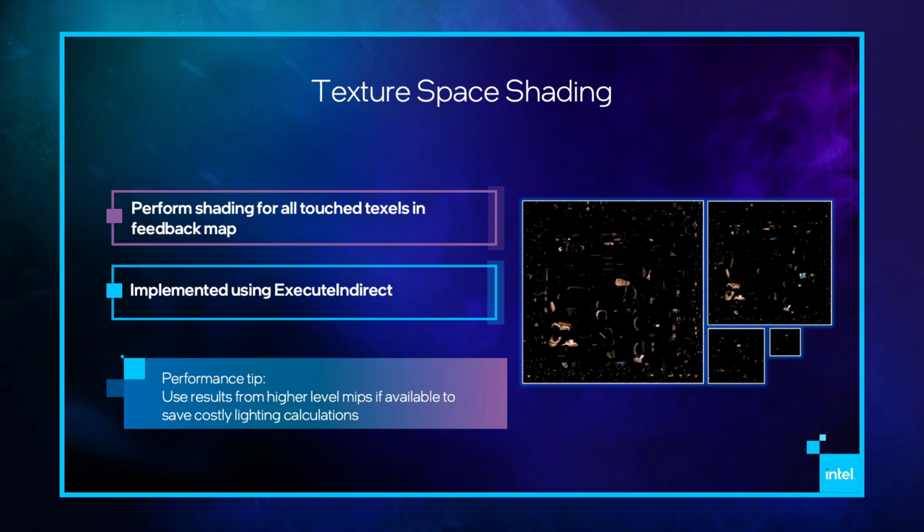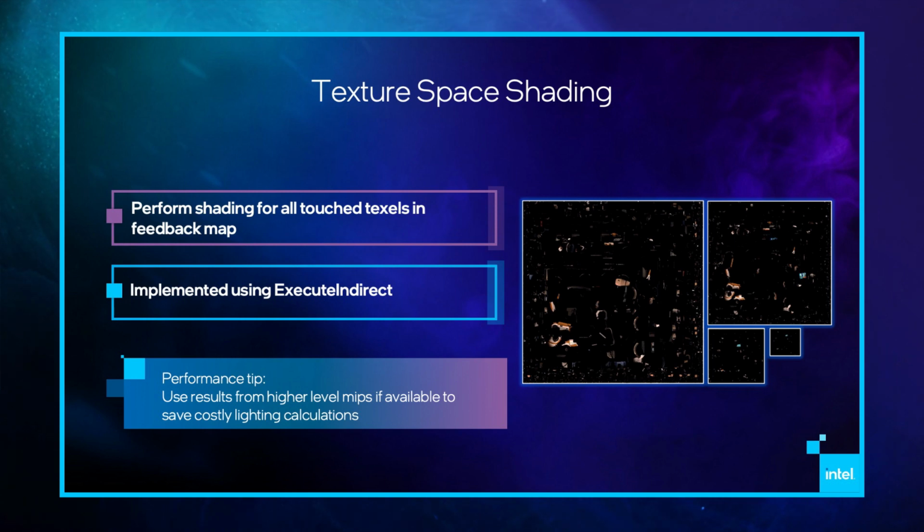One performance tip that I thought was very clever in the application is that when shading a MIP in the MIP chain that was MIP 1 or higher, the developers had a neat optimization where if the parent MIP had all of the 4 parent texels shaded, the current MIP would sample those parent texels, average those results, and store the results into the current output of the texture space shading pass.